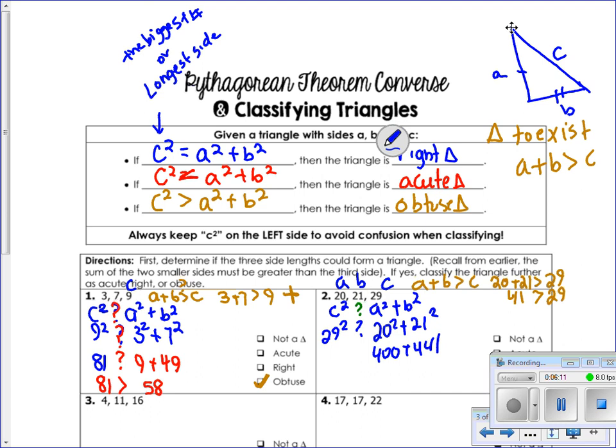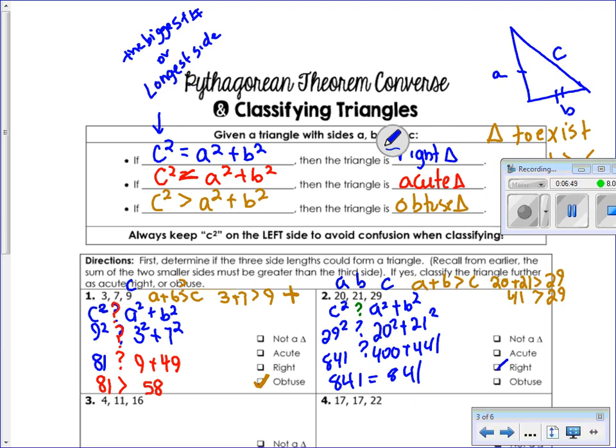And over here, 29 squared is 841. Is this greater than, equal to, or less than? Let's see, 400 plus 441 is 841. So this is an equality. If I look back up there, that means that this is a right triangle. So I'm going to check off right triangle.